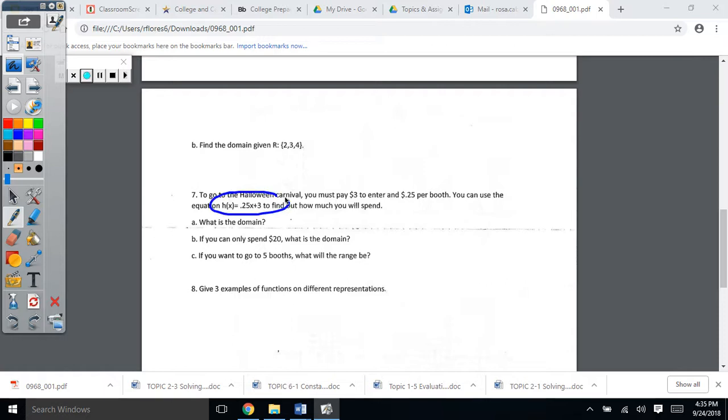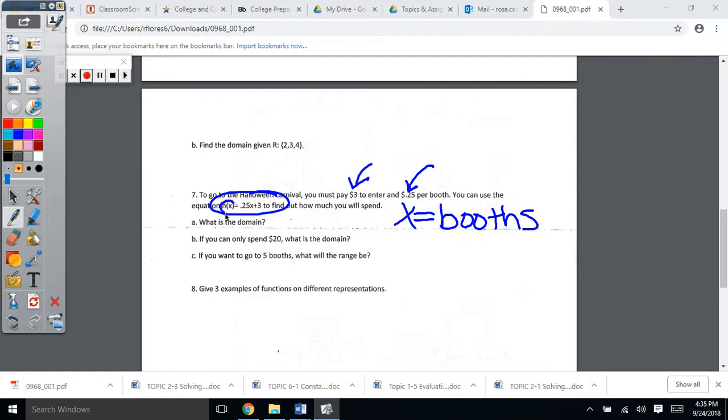They're giving you 0.25x plus 3. You're going into the carnival and you gotta pay $3 to enter, so that's where that 3 is coming from. And then you're paying 25 cents per booth, so that's where that 25 is coming from. Okay. If you're multiplying the 0.25 times x, that means x is the number of booths, right?